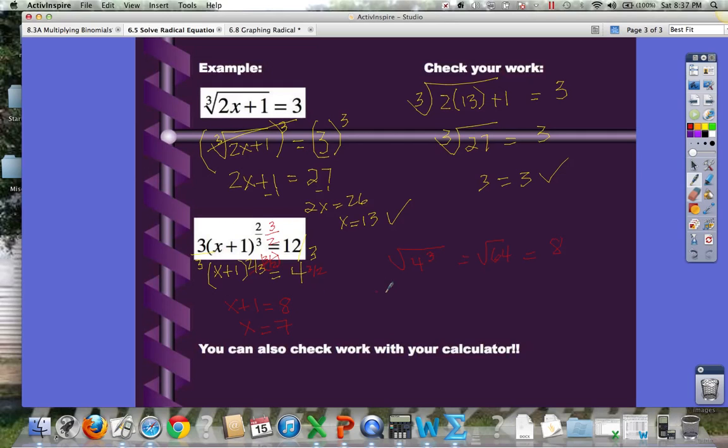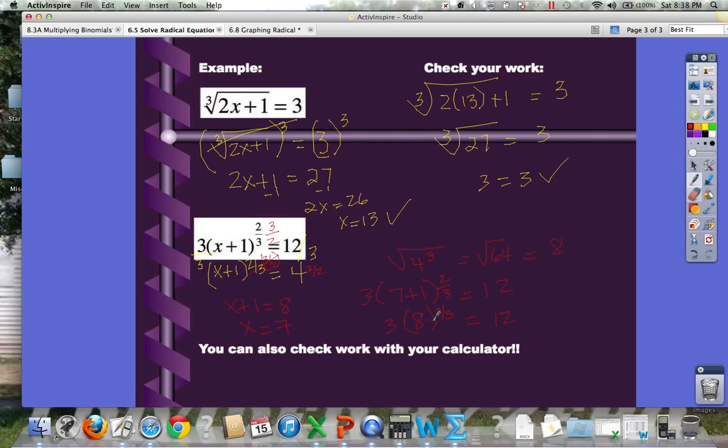Alright, so then let's check and see if that's true. So I'm going to plug in 3 times 7 plus 1 raised to the 2/3. Does that equal 12? Alright, so 7 plus 1 is 8 raised to the 2/3 times 3. Does that equal 12?